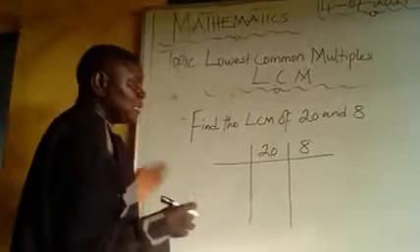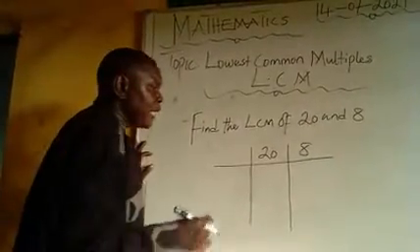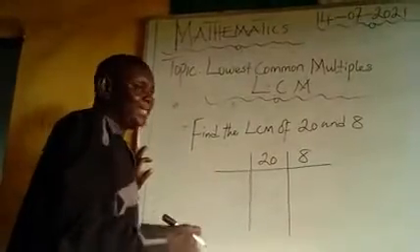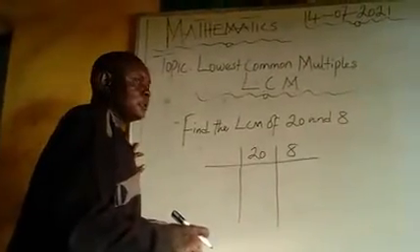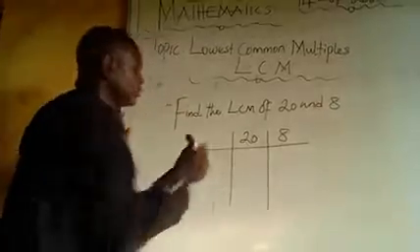Select a factor that could go into 20 and 8, a number that you can divide 20 by and a number that you can divide 8 by. I have to choose 2.